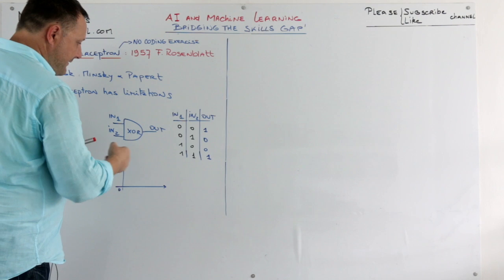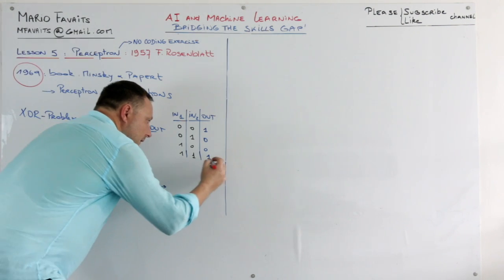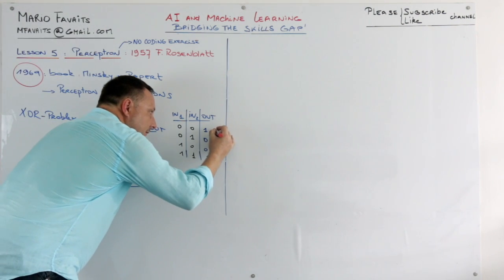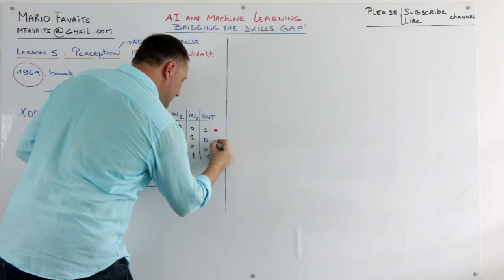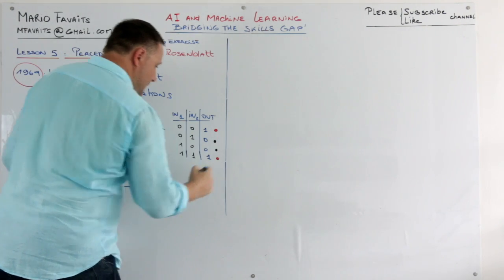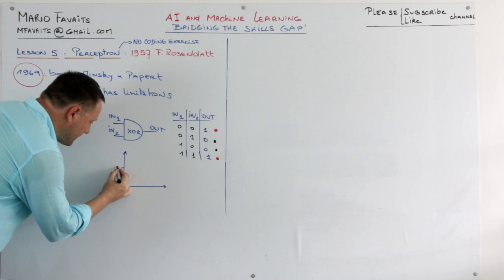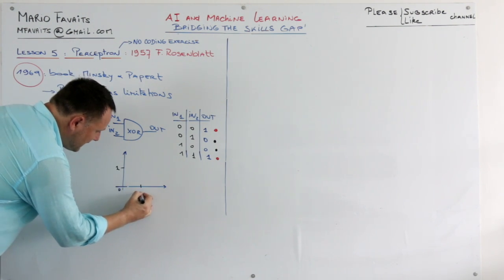So if I put the 1 points in red, and then the 0 points in black. Assume this is 1 here, this is 1 here.